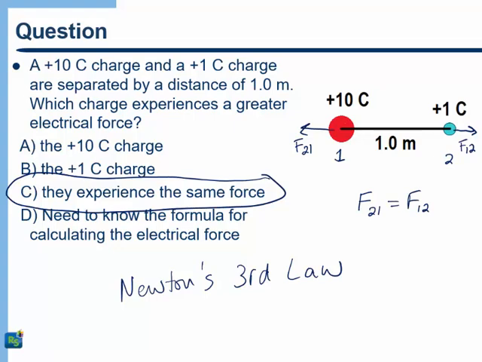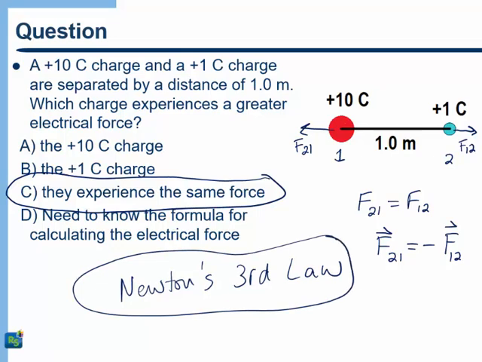Notice I don't have vector signs on those, so those are magnitudes. That's just saying the magnitude of the two forces is the same. Or I could write it in vector notation this way, that F21 is equal and opposite to F12. Okay? So we don't even need to know the details of the formula that allows us to calculate the electrical force. We know that the force that 1 exerts on 2 has to be equal and opposite to the force that 2 exerts on 1. So Newton's third law, still true and still important.